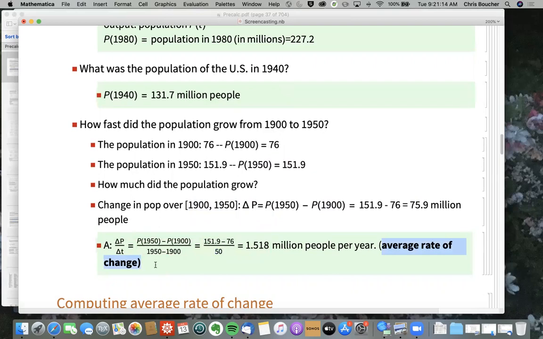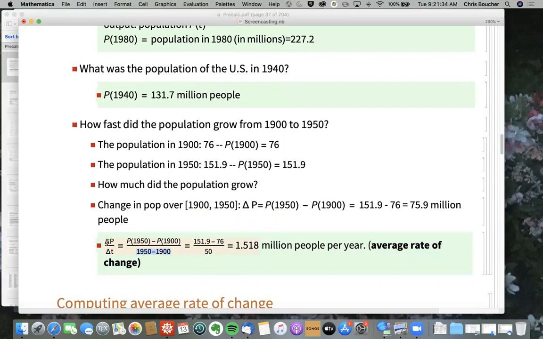Now notice a couple of things. First of all, we can get rid of that silly A at the beginning here. If I backtrack the calculation to the beginning, what I've done is I've taken the population in 1950, I've subtracted the population in 1900, and I divide by the difference between those input values.